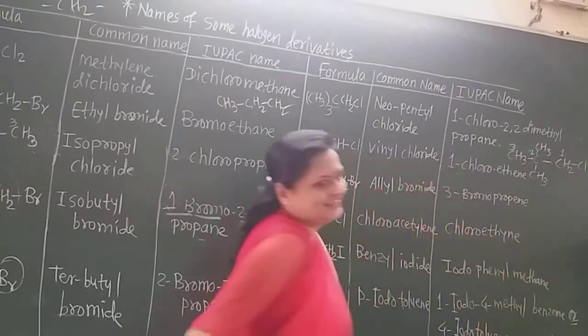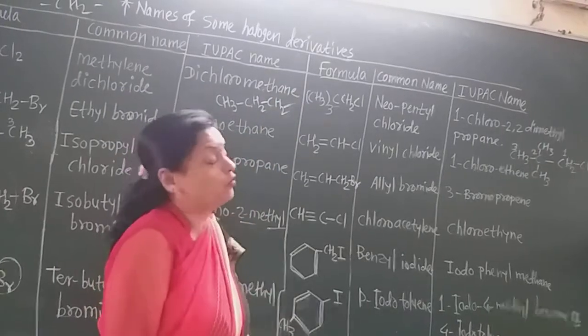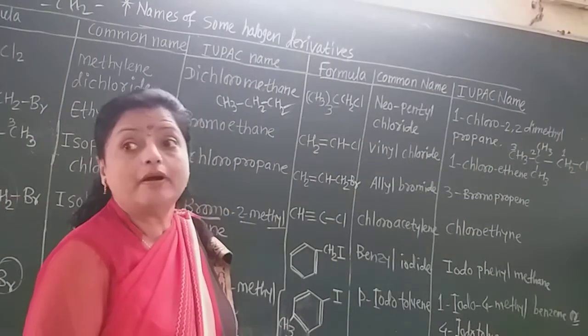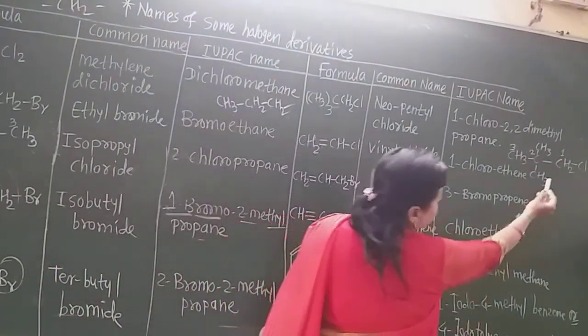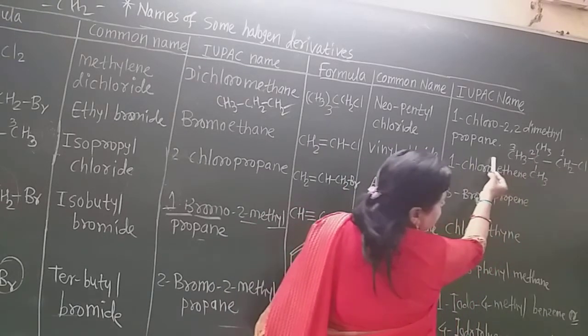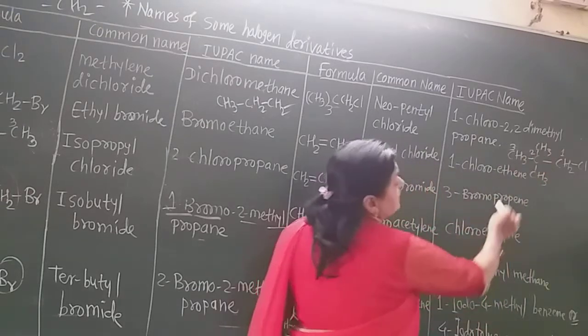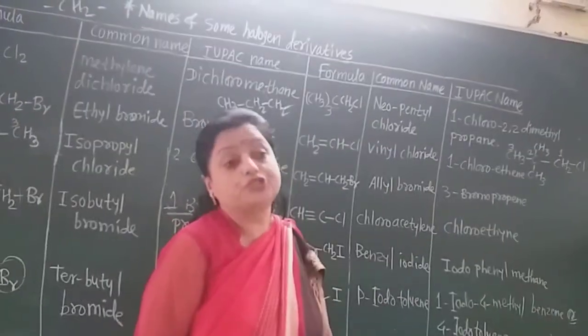This is the structure, but here it is drawn in a compact formula. Now the numbering is given from the carbon which is nearer to the halogen. So give the numbering from this carbon: 1, 2, 3. Because only 3 carbons are in the straight chain, we cannot take the chain through the other methyls. That means both become substituents. 2 methyl groups are substituents now.